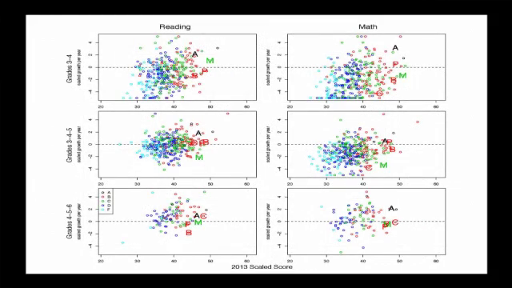This is another example of some of the work that's been done, looking at both reading and math scores and at changes. We don't know whether it's a 1-year growth you're looking for, or whether you need to combine different years, and you might see a different picture depending on how many years' worth of data are included. So this is looking at some different time periods for both reading and math.